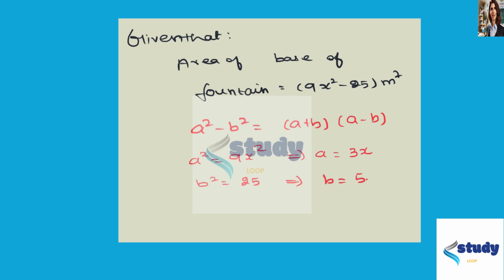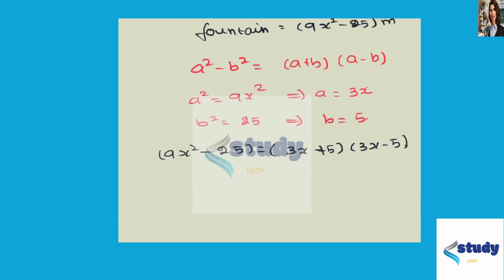So on substituting, the factors are 9x squared minus 25 is equal to 3x plus 5 times 3x minus 5.